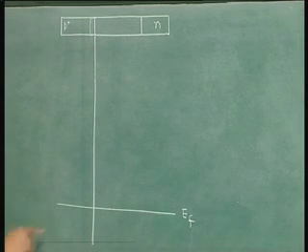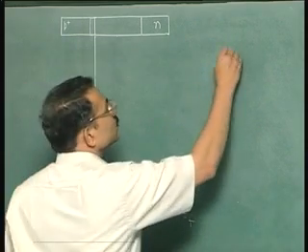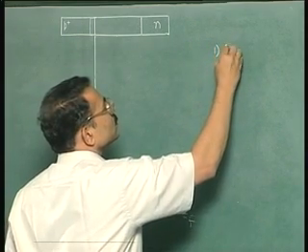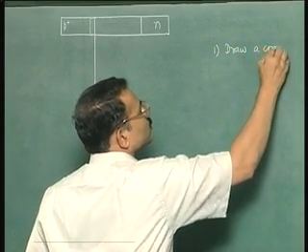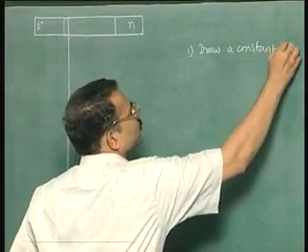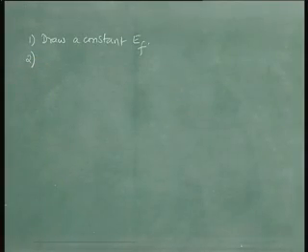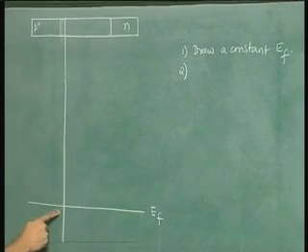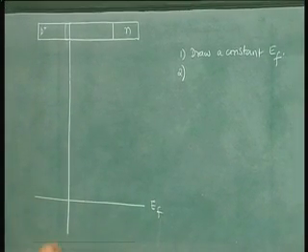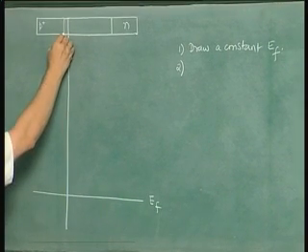The first step in the drawing of energy band diagram is a constant EF. So draw a constant EF. The second step is to locate the junction. So here you can see the junction has been located on this constant EF line, and then after locating the junction we should locate the depletion edges.